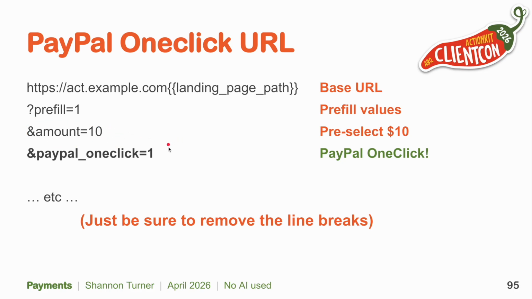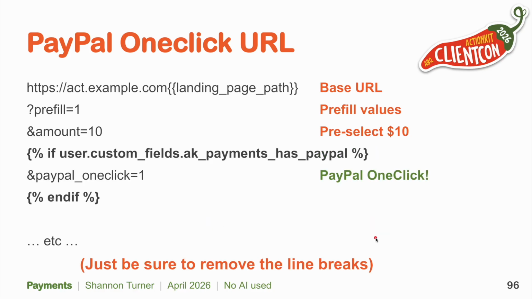Finally, you'll include the PayPal one-click equals 1 URL parameter. That's all. This is the minimum you need in order to create your one-click URL. You can, of course, include other URL parameters like amounts or monthly amounts, source, and on and on, just like usual. Just don't forget to remove the line breaks from your URL.